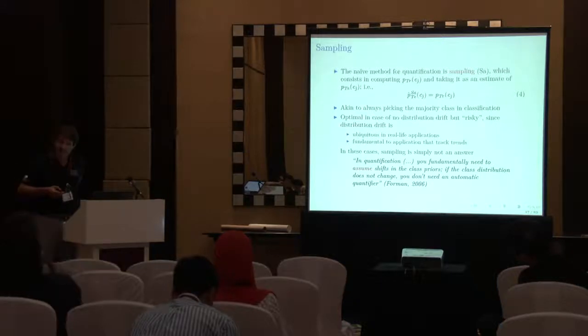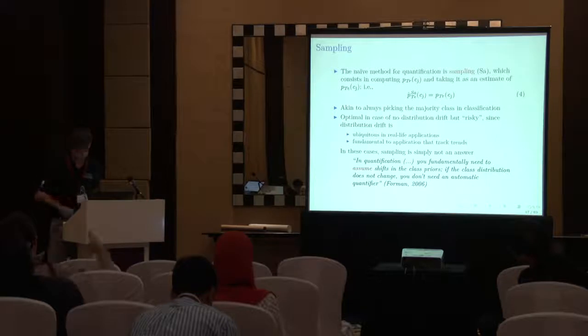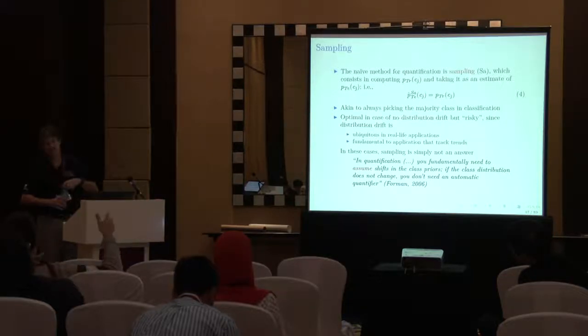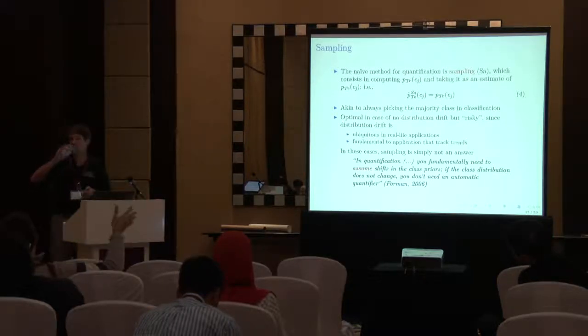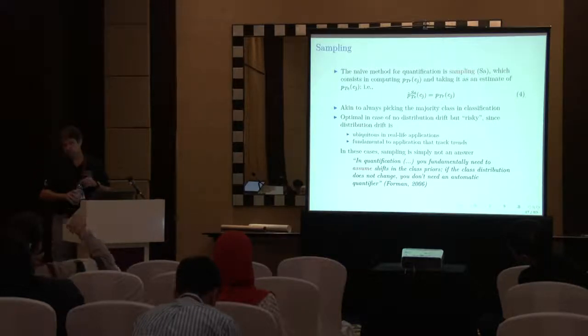Alessandro? It depends on the size of your sample. So if you have a large sample, by the law of large numbers, you are going to have a high accuracy in estimating the probability with the same distribution.